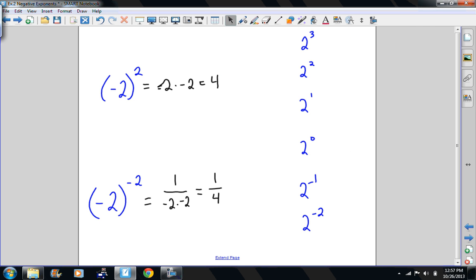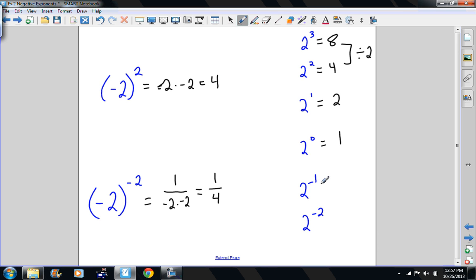If we have 2 cubed, that's equal to 8. 2 squared, we know, is equal to 4. And 2 to the first is equal to 2. We know those from our last section. But if we notice the pattern going from here, we're dividing by 2 every time. So 2 to the 0 would be equal to 1, and we'll talk about that more later.